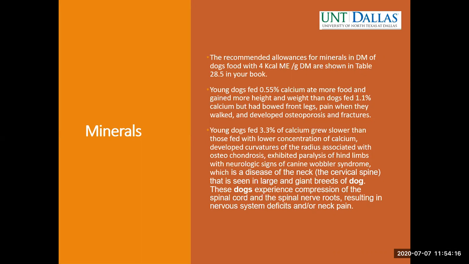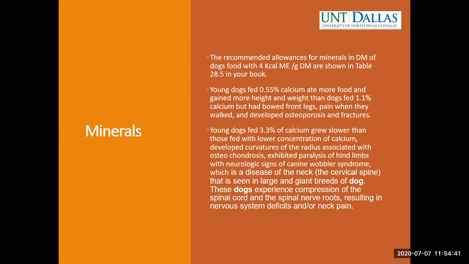So minerals. The recommended allowances for minerals in dry matter of dog food with 4 kilocalories metabolizable energy per gram dry matter are shown in Table 28.5 in your book, at the different stages like growth, late gestation and lactation, or adult maintenance.